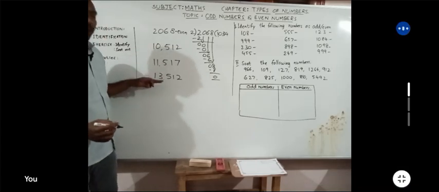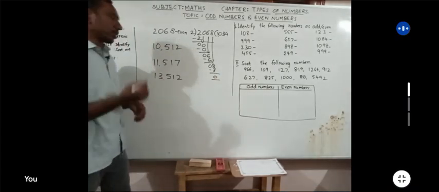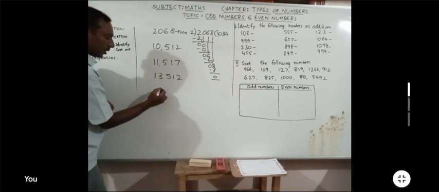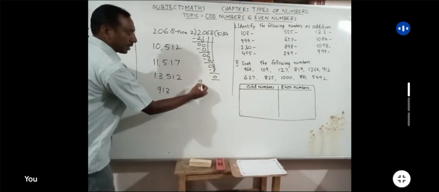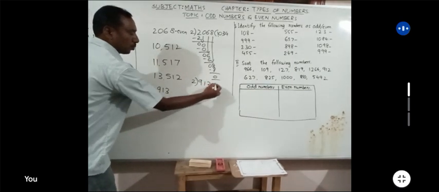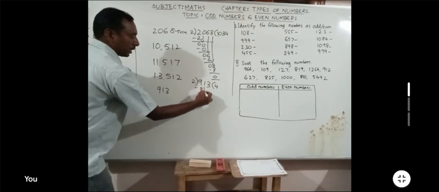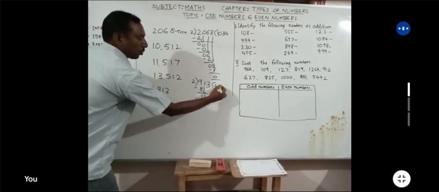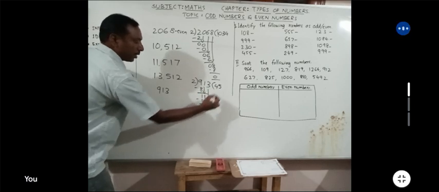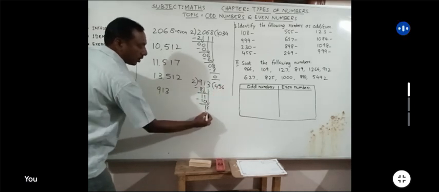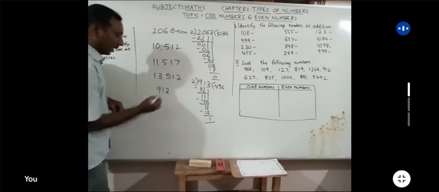See, like that only, you can divide all the numbers. If the remainder comes 1, see, let me take one more number, 913, and I will divide it by 2. 2 fours are 8. 1 remainder. Take 1 down. 2 fives are 10. 1 remainder. 3. 2 ones are 2, the remainder 1 is there.